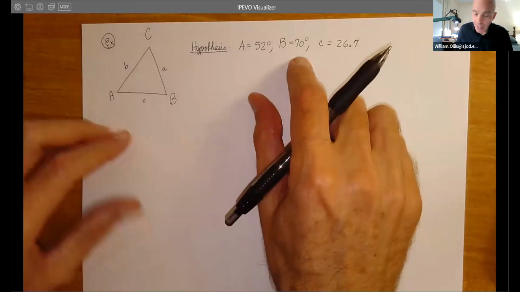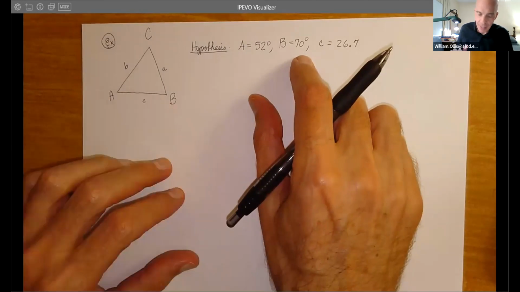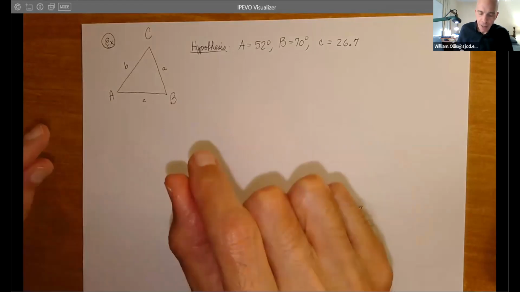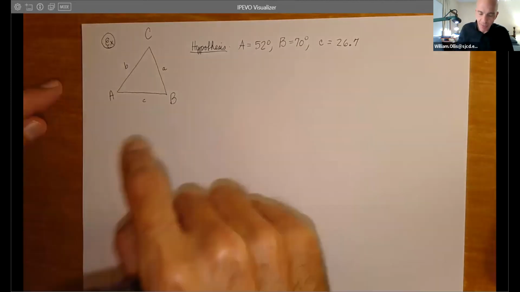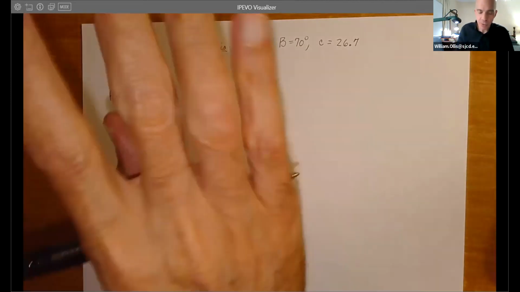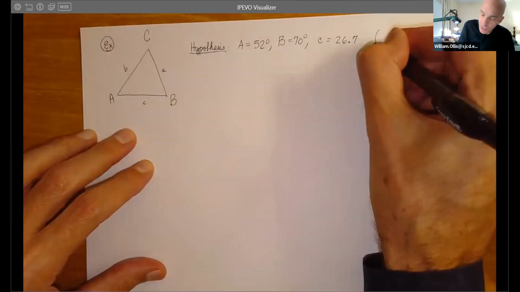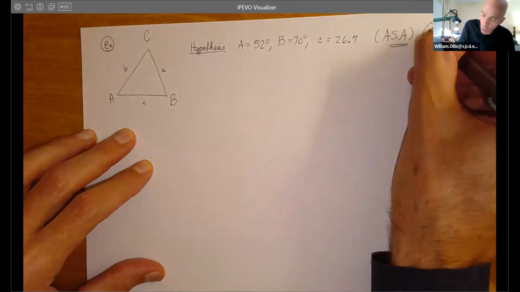We have angle, side, angle. So right over here, angle, side, angle. So that's good. We can use the law of sines.